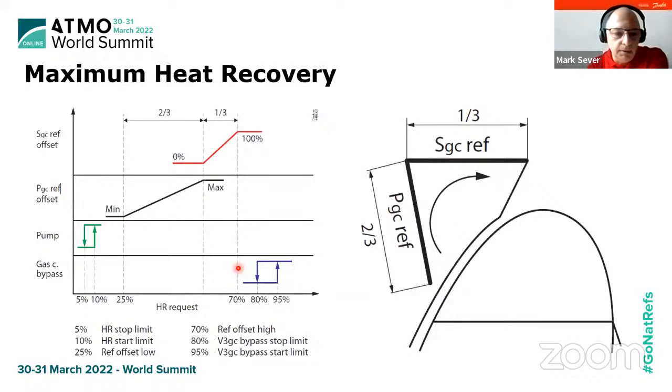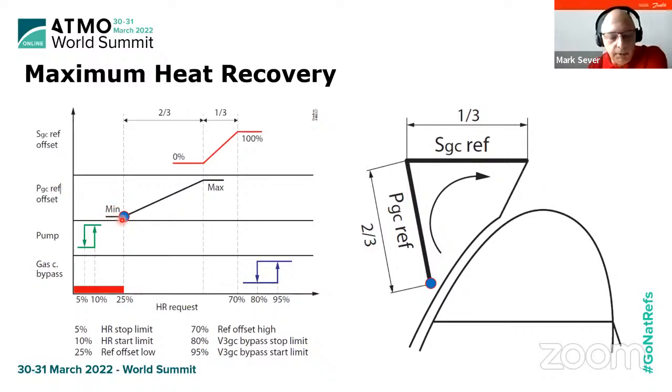So this is the whole strategy explained in two diagrams. If you look at the very bottom, this is a heat recovery request coming from the controller of the heat recovery unit. When it reaches 25%, we start our heat recovery process.